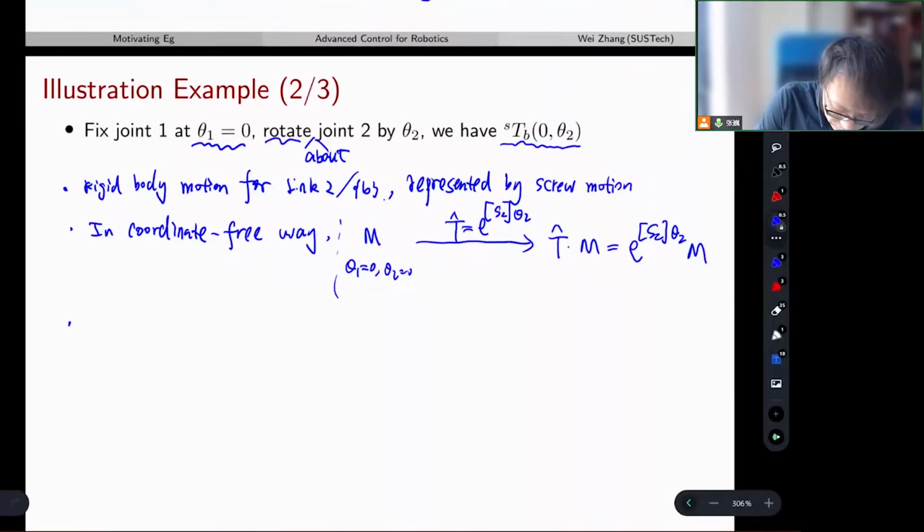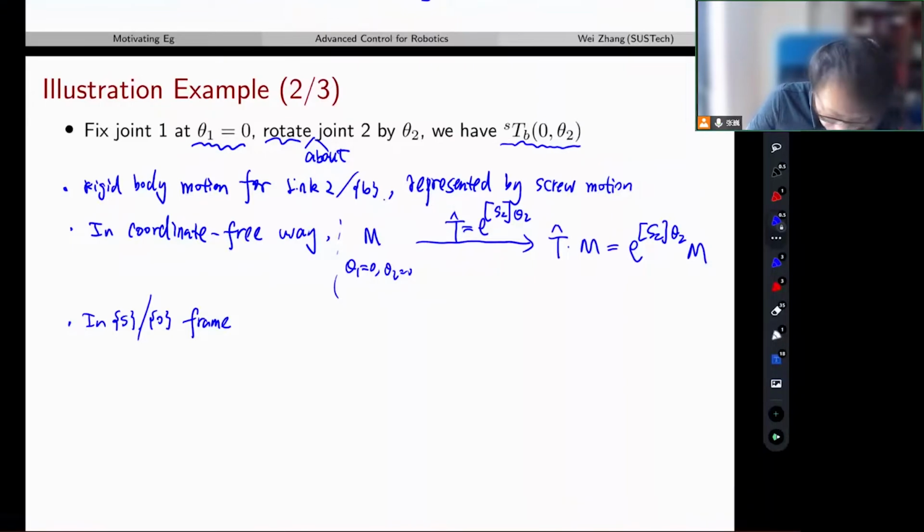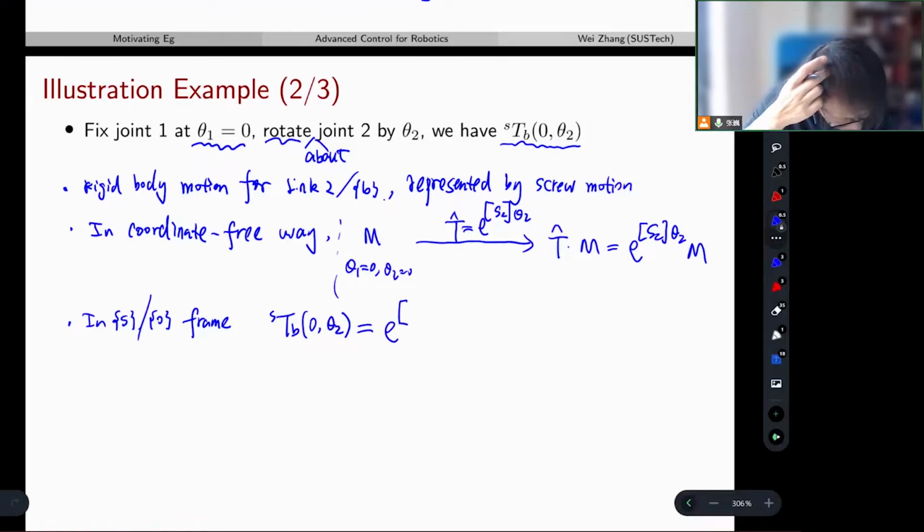I didn't say which coordinate we represent the whole operation in. So now let's say we are in the S frame, or the 0 frame. What we have will be T_BS, now theta1 is 0, theta2 is now equal to the exponential of S2 theta2, S2 in 0.